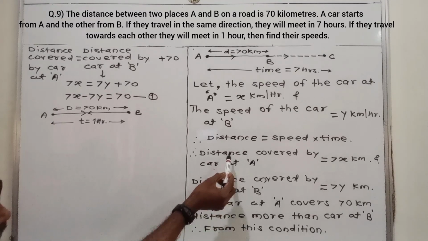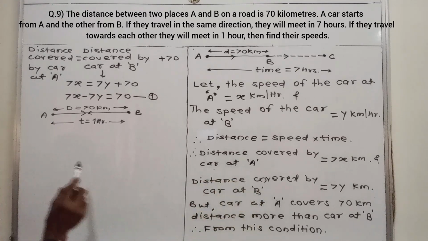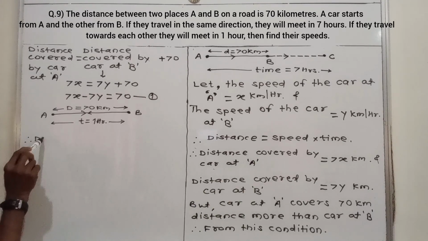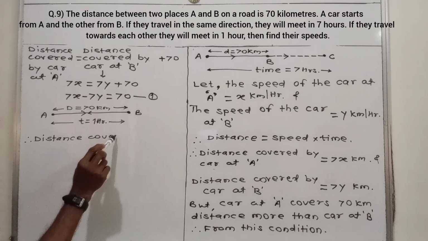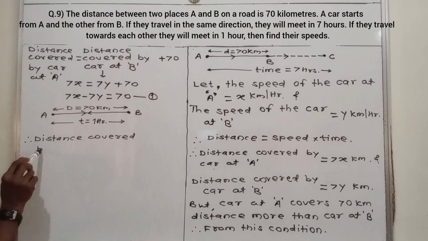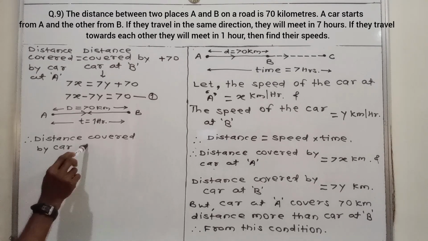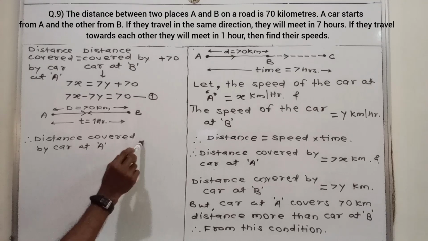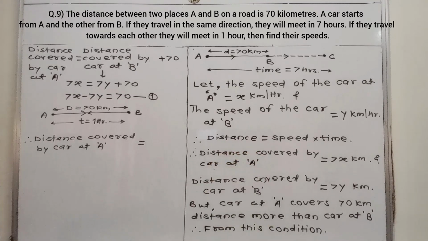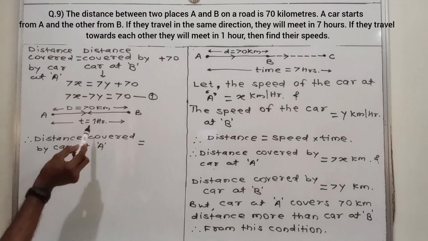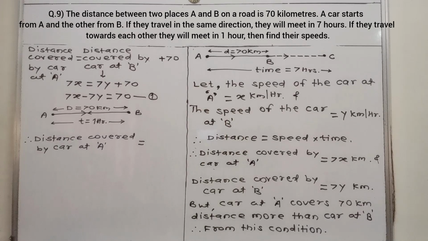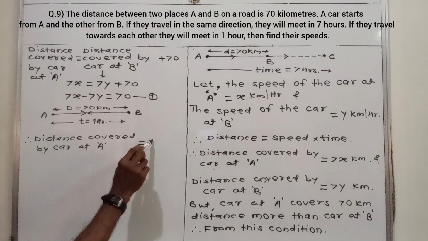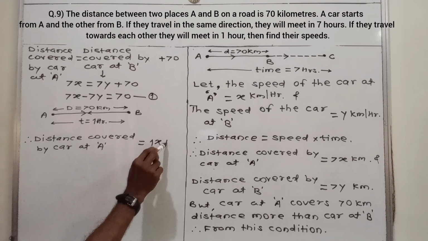Therefore, see this, distance covered by car at A. Distance is equal to speed into time, or time into speed. What is time into speed? 1x, or only x.